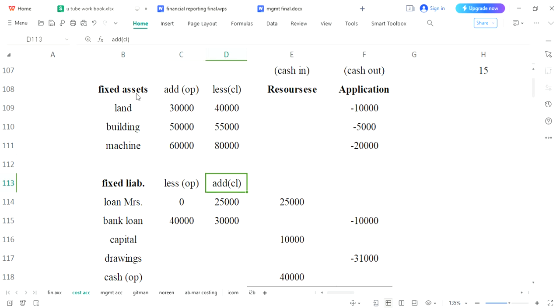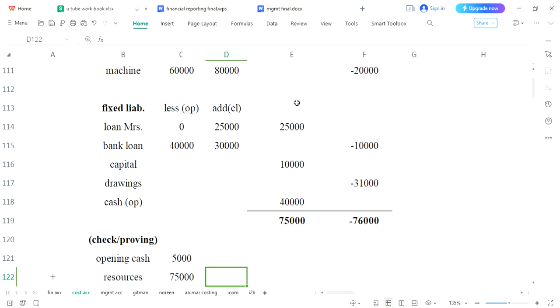Signs are the same, but the difference is that you were calculating one by one. And how have you done it? If by adding and subtracting you get a minus sign, you will write it in application, and when you get a plus sign, you will write it in resources.